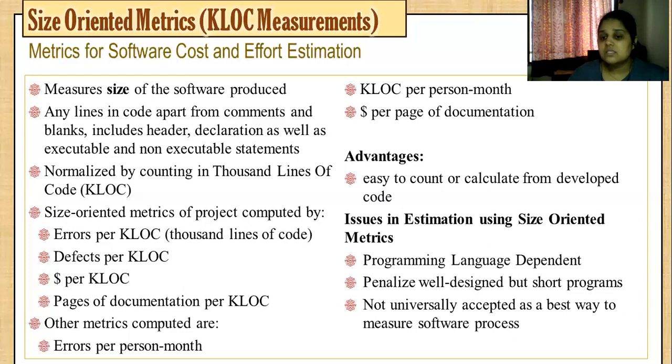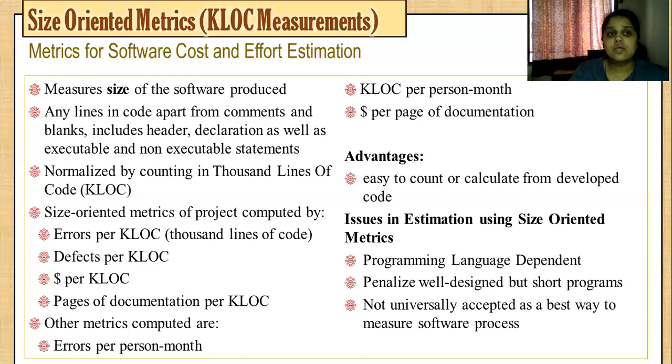So advantages go to those programming languages which help you develop long lines of code. A very nice programming language is actually penalized, and therefore it is not universally accepted as a best way to measure software.